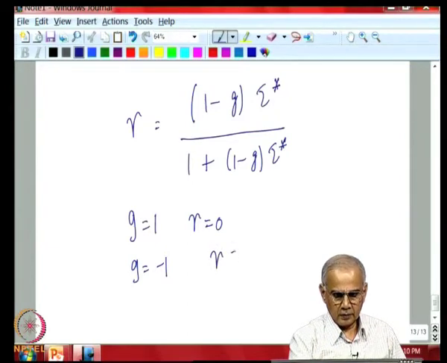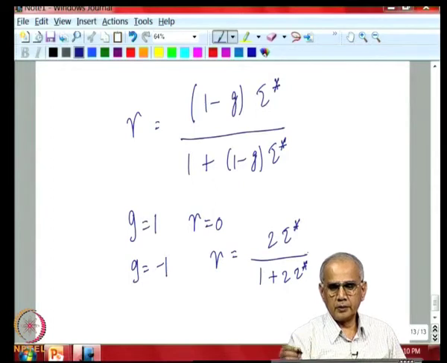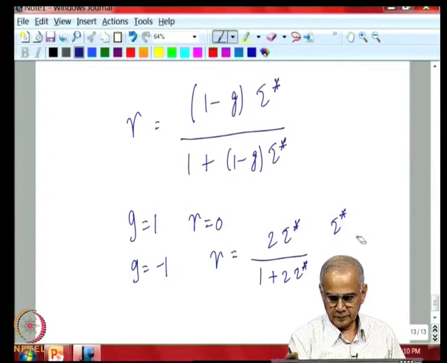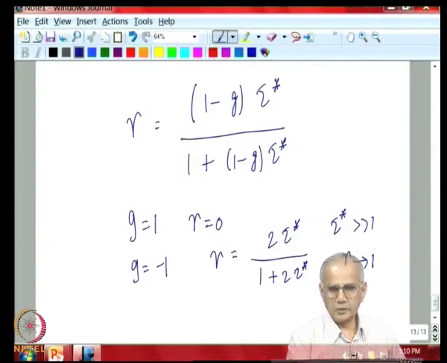So, R becomes 2 tau star by 1 plus 2 tau star, and of course, in the limit as tau star tends to infinity, or becomes very large, R has to tend to 1. So, that is quite simple.